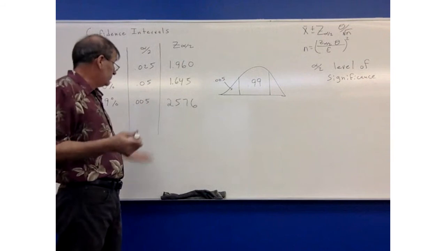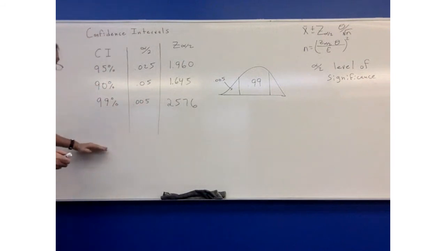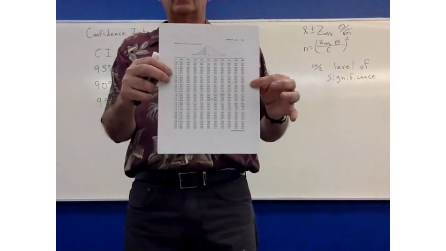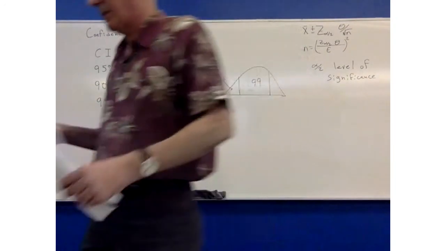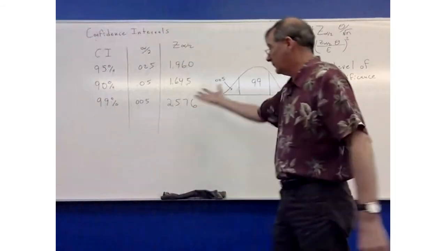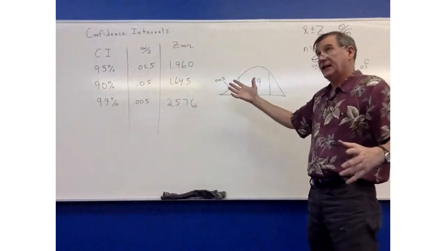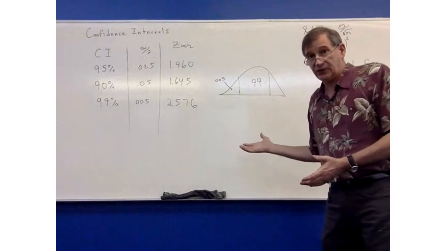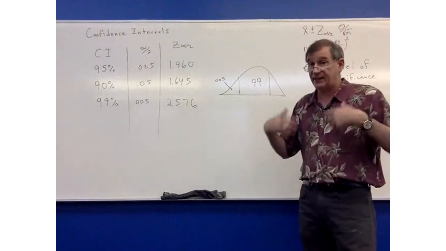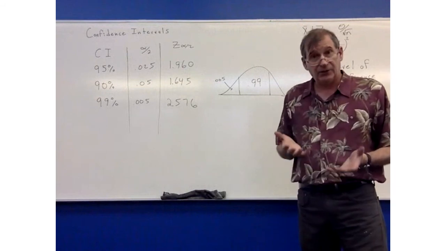Now, we can look up any number we want, and you can see that this is coming off of the standard normal table. So a couple of things that we're assuming here. We're assuming we got random samples. We're assuming either our population was normal to begin with, or our sample size is large enough that the sampling distribution is normal.